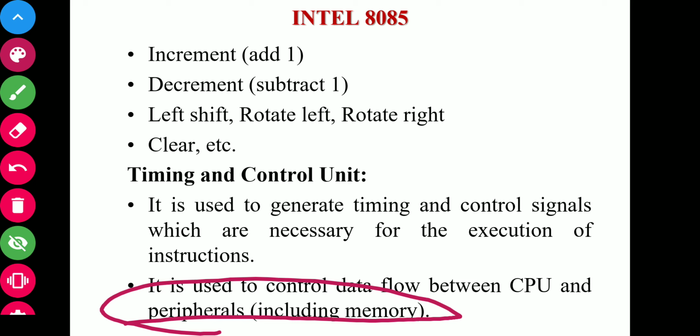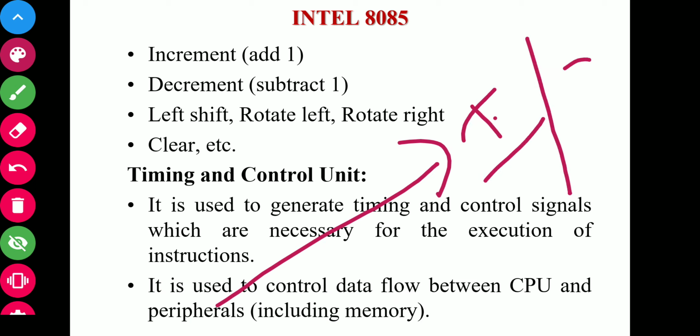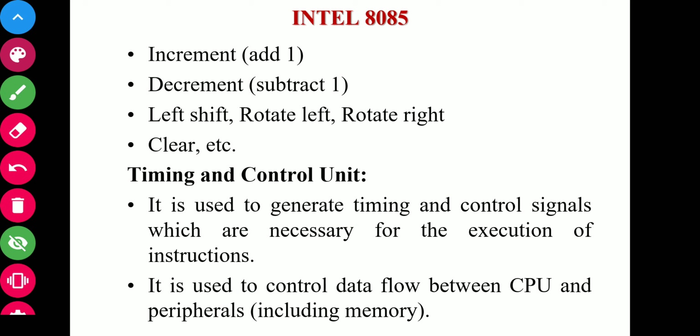We are supposed to give some input, and only then can it perform, and we also need an output device to show the outputs for our inputs. So a peripheral is an input and output device or memory. So this timing and control unit is used to control the data flow between the CPU and peripherals, including memory.